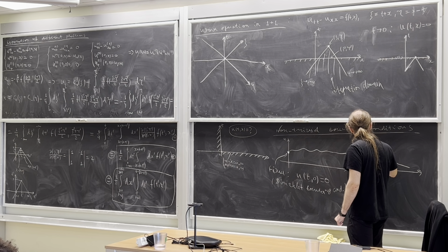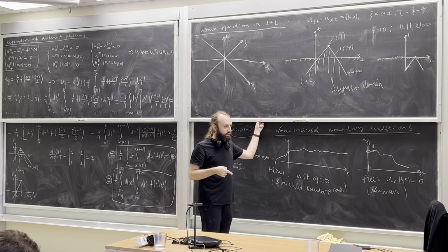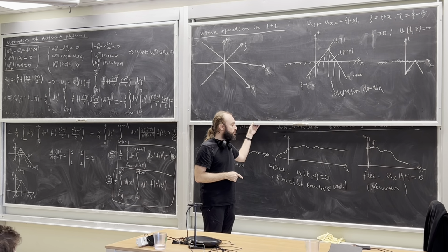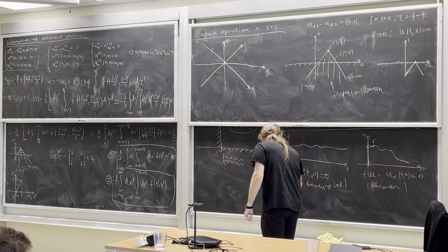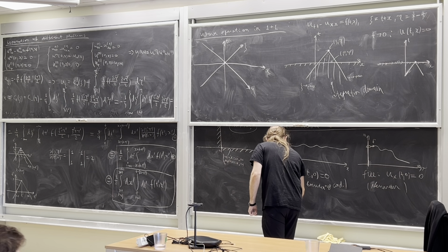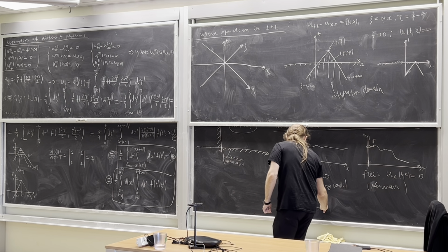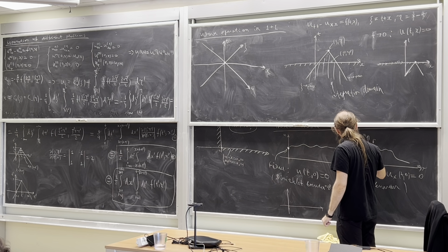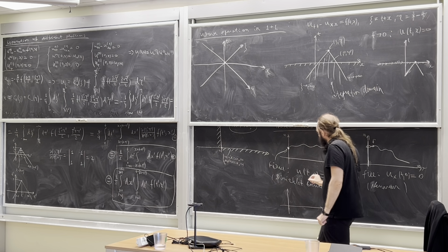And there is also a third option, which is interesting because it still has good behavior, although it is not that easily solvable. So there is a mixed boundary condition, which physically corresponds to a situation when we have some spring connected to this ring.